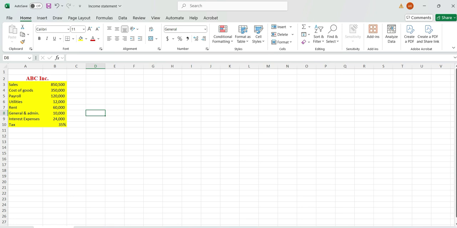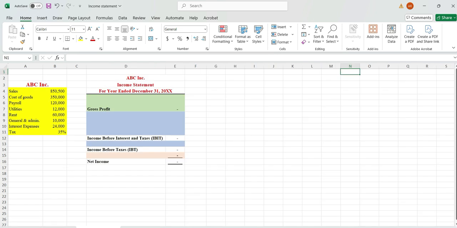So without wasting more time, let's look into the income statement preparation right now. Here I have a sketch of the income statement. In the upper portion, we have the name of the company or business. Then we have the words income statement, and then the period that the income statement covers.